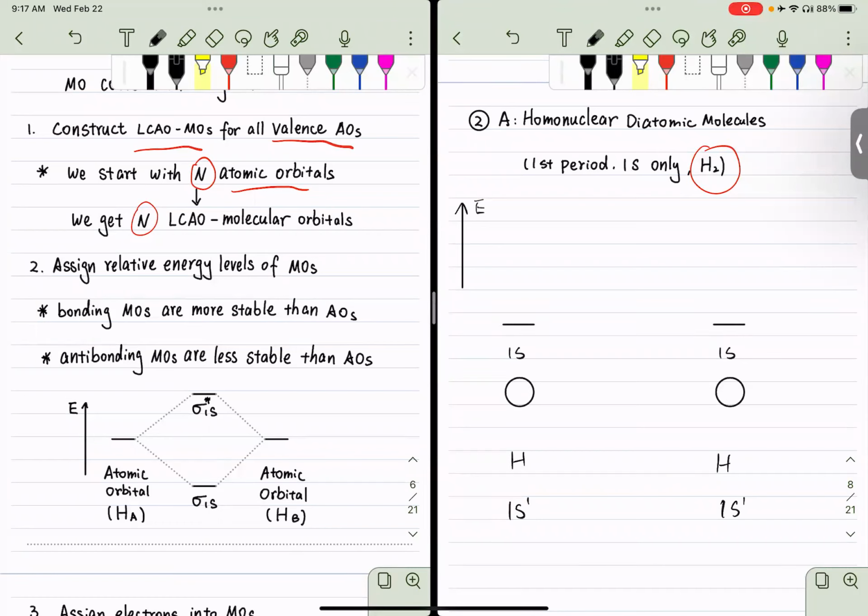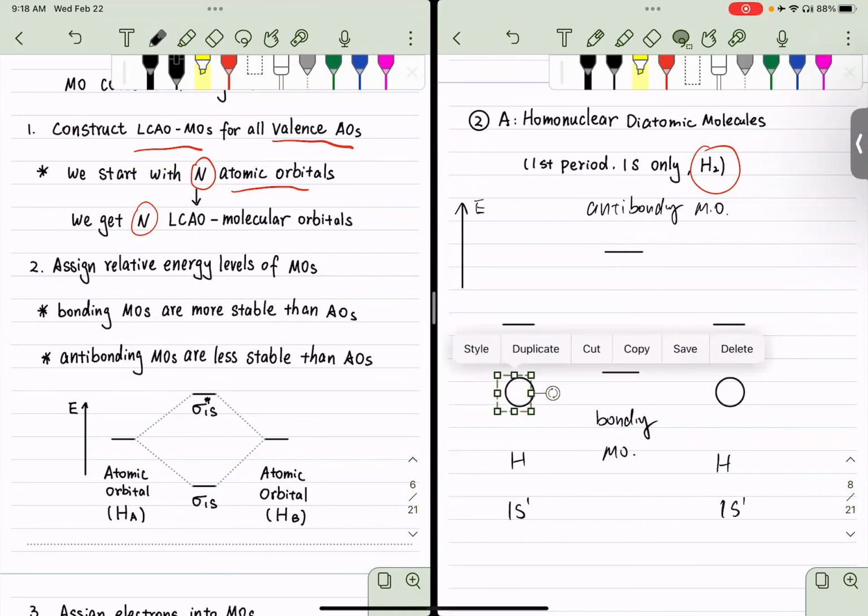And the result of these atomic orbitals is the following. For each pair of atomic orbitals interacting with each other, we'll be forming one bonding MO and one anti-bonding MO. So how do we represent a bonding MO?